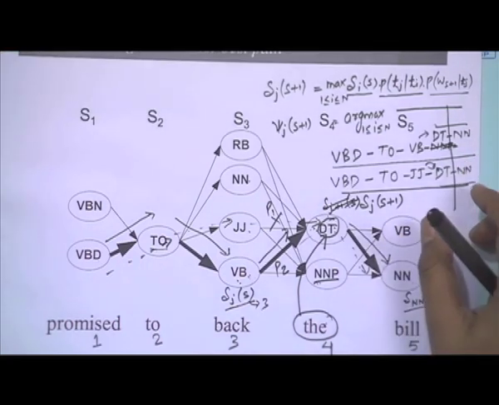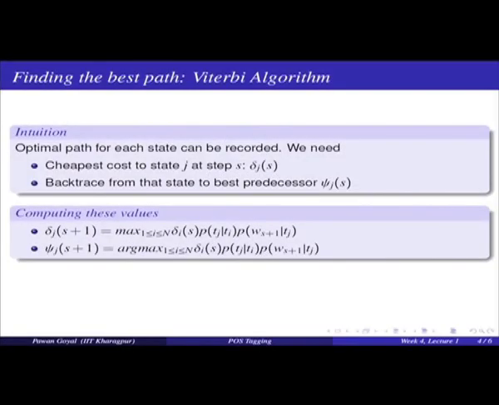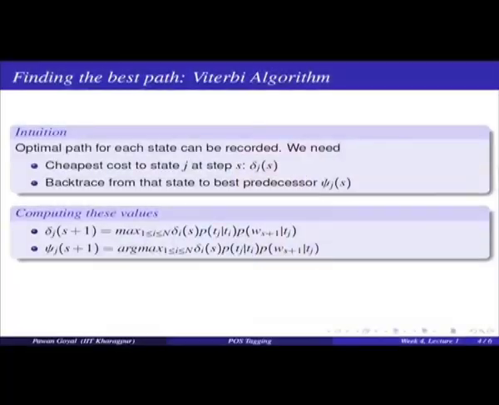So if we see that formally, I am storing at each step s the cheapest cost, the best probability of reaching there, and also the predecessor, and using that I am computing the probabilities for the next step. That is similar to what we have seen here: the probability at the previous step, transition probabilities and the emission probability, and I take the max over all the previous possible states, also storing the predecessor for the next step.